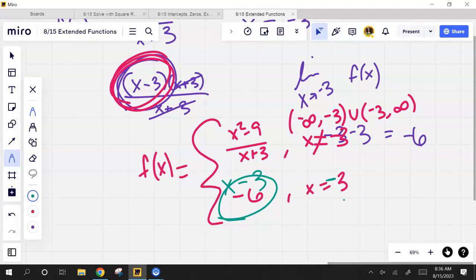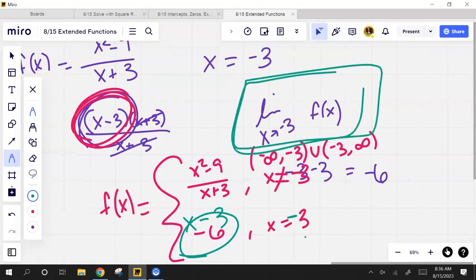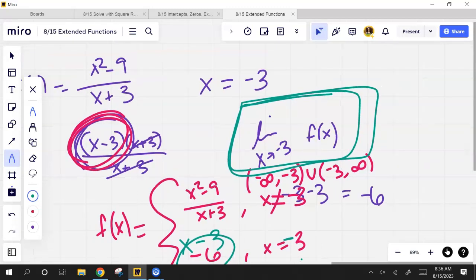Yes, either way is fine. You're just looking at the end of the day to plug the hole. That's all you're doing. So if I manipulate this, because this is what I'm looking to find, the limit when x goes to negative 3. So to do that, I algebraically manipulated, just like I was doing with limits.